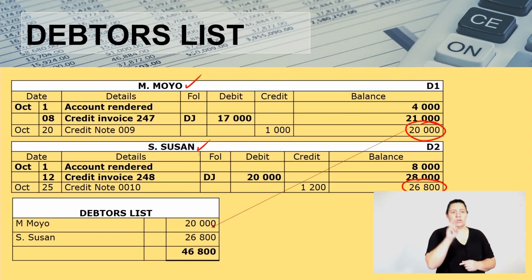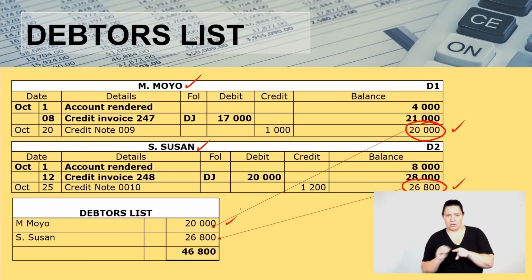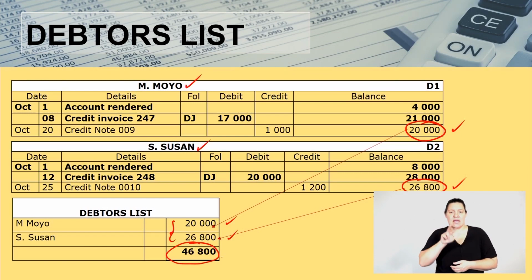There it is, the 20,000. Same 20,000 that you see here is what they are owing over here. And with S. Susan, remember, it's 26,800. You will see the same amount over there, 26.8. When you add these two now, you have your 46,800.